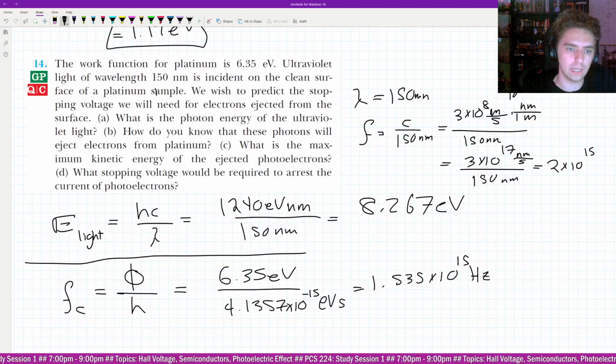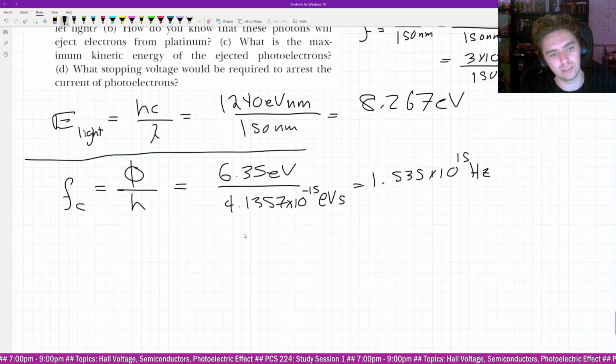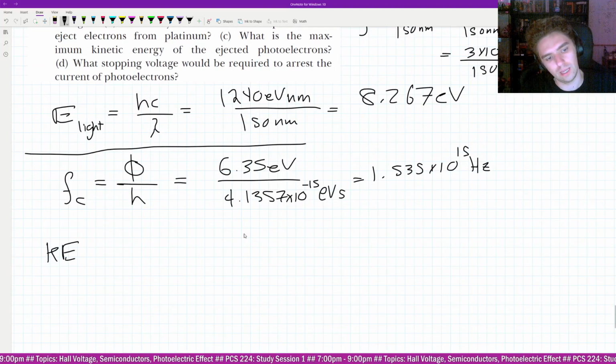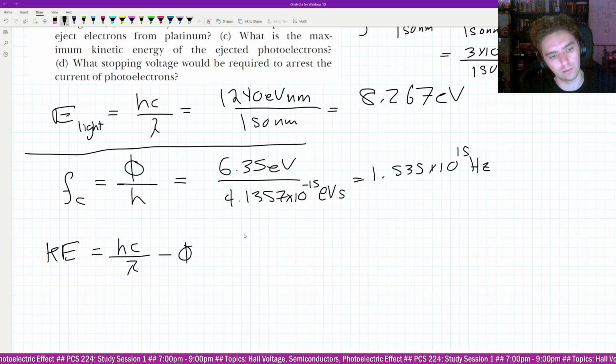What is the maximum kinetic energy of the ejected photoelectron? Okay. So KE is going to be the amount of energy you get from the light, which is hc over lambda minus the work function.